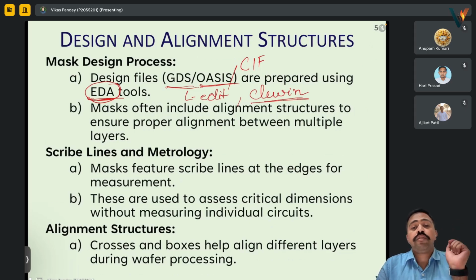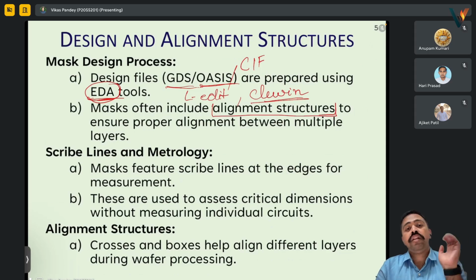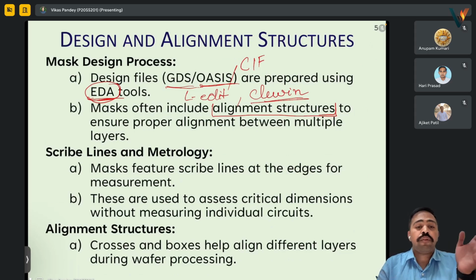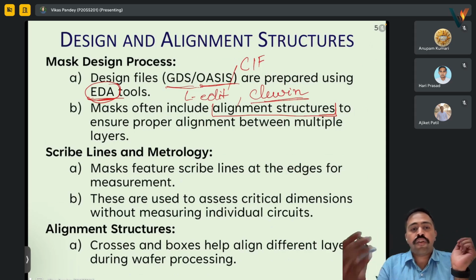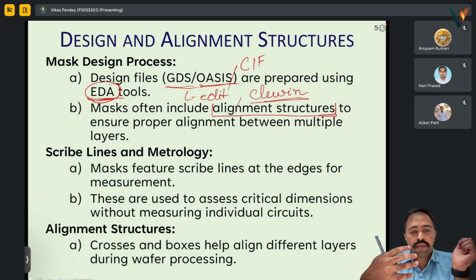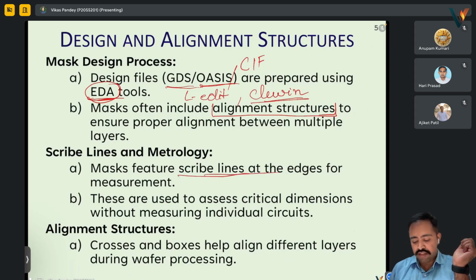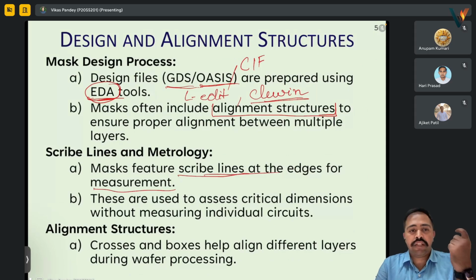Plus, we have learned about alignment structures in the previous class. The mask will include the alignment structure to ensure proper alignment between multiple layers. At the edge of the mask, we have scribe lines for measurement that define our measurement parameters, critical dimensions.